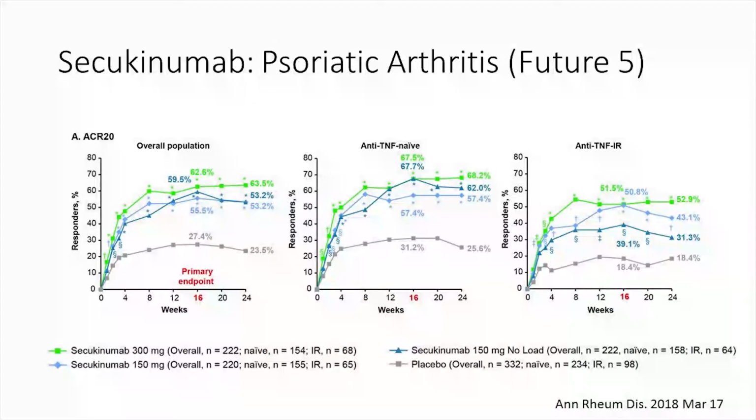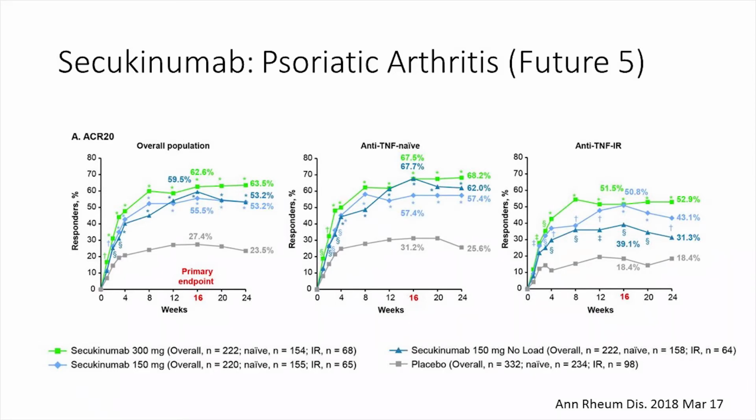I am not going to go into excruciating detail because you're going to have a psoriatic arthritis talk, but this is looking at ACR 20. And again, like having PASI 90 and 100, you're going to see ACR 50 data too, I'm sure.